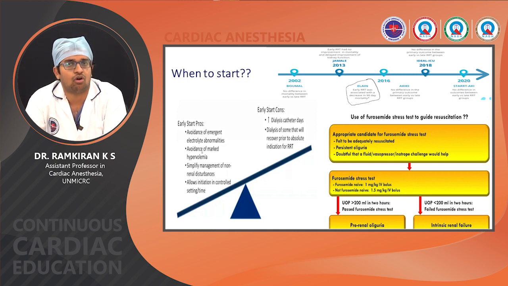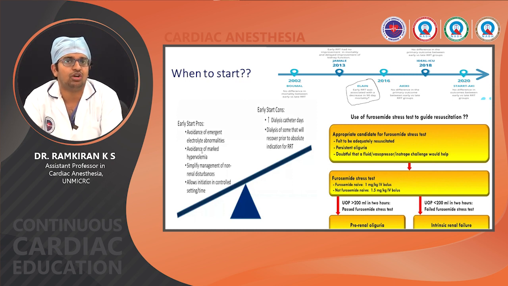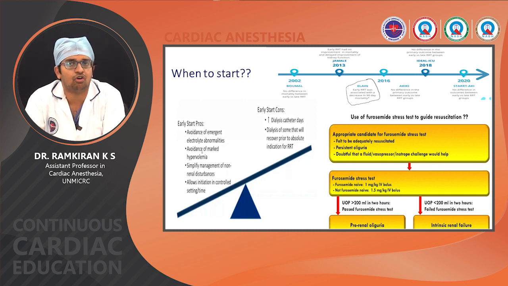If the patient is already on IV furosemide, you can give up to 1.5 mg per kg IV bolus. Then watch the urine output for about 2 hours. If urine output is more than 200 ml, the patient is categorized as pre-renal oliguria. If the urine output is less than 200 ml, it is an intrinsic renal failure, which points towards early renal replacement therapy. So this can be used.